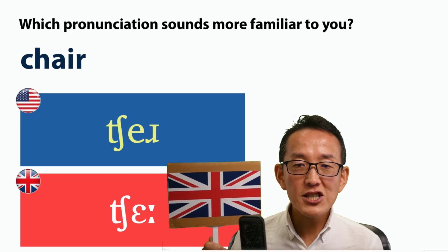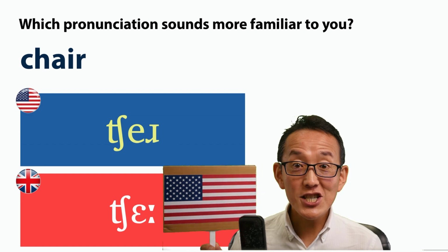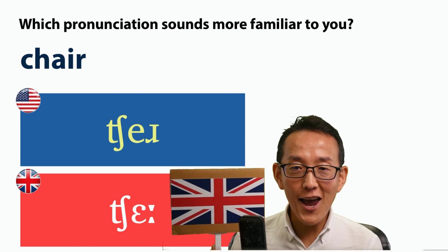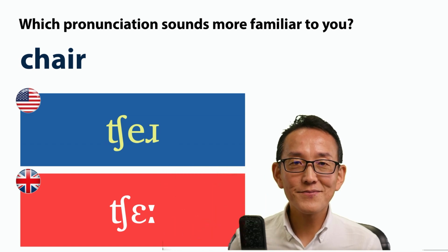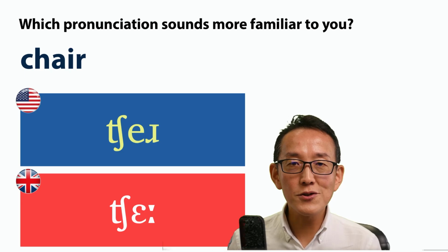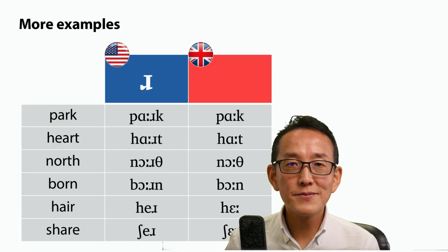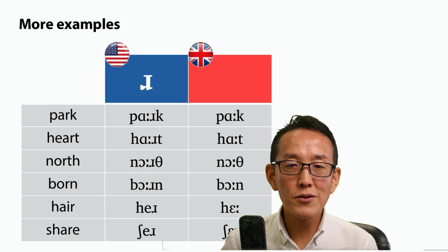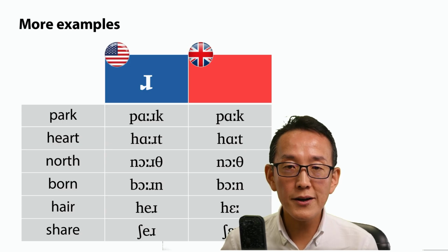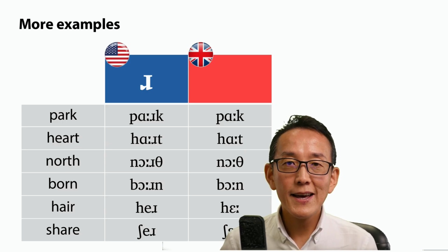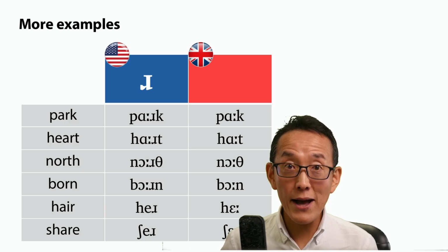Chair, chair, like this. And of course, there are more examples like this. So park, heart, north for British becomes park, heart, north. So again, this is a regular pattern.